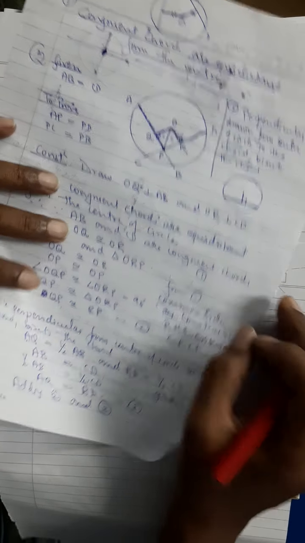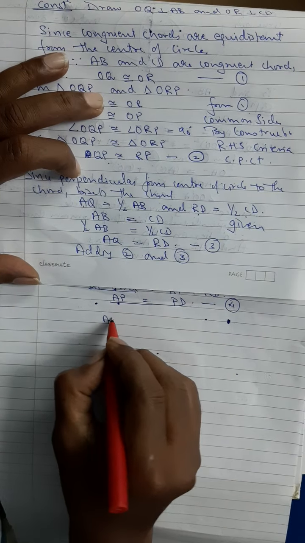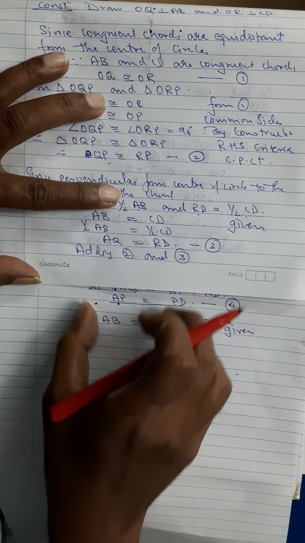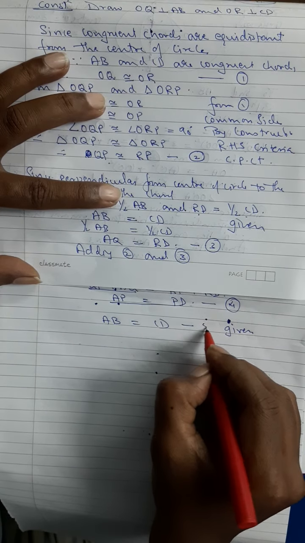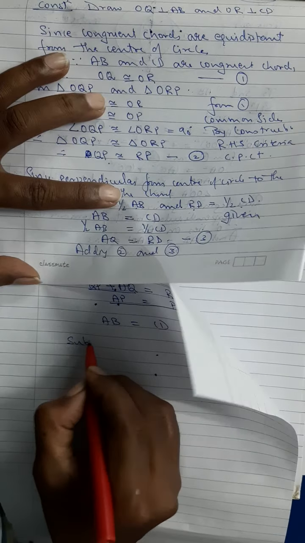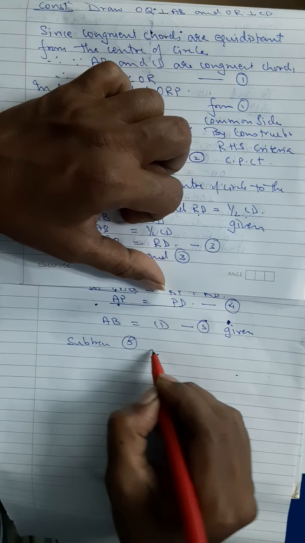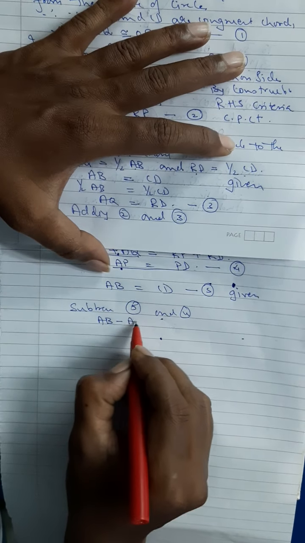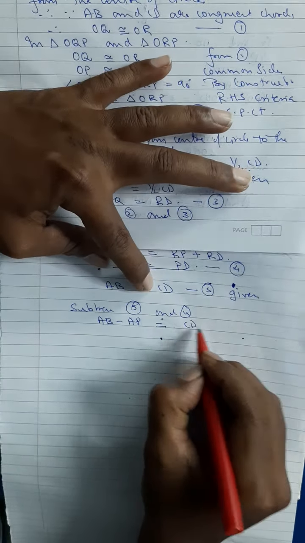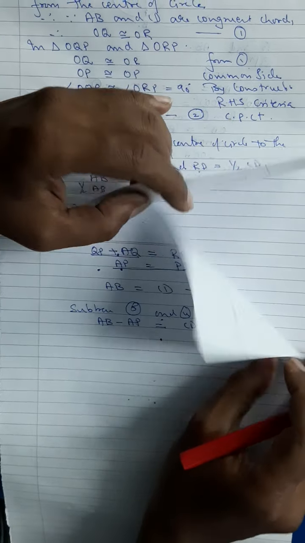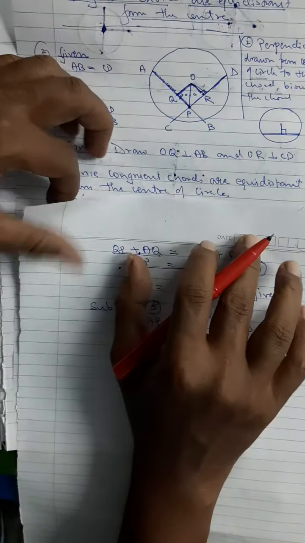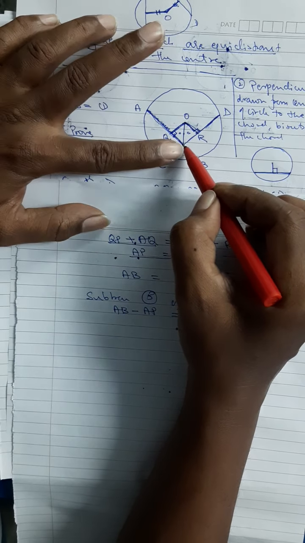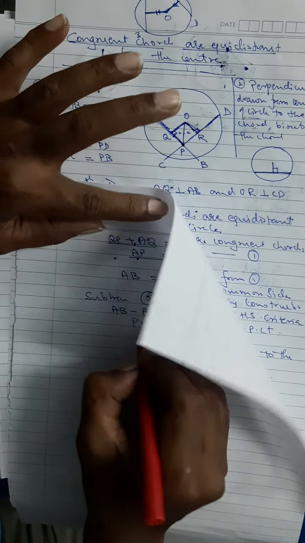Now the next one, again AB is equal to CD. This is given. Now I will subtract. Subtracting 5 and 4, from AB I will subtract AP, that will be equal to CD minus PD. If you subtract AP from AB, you will get PB.